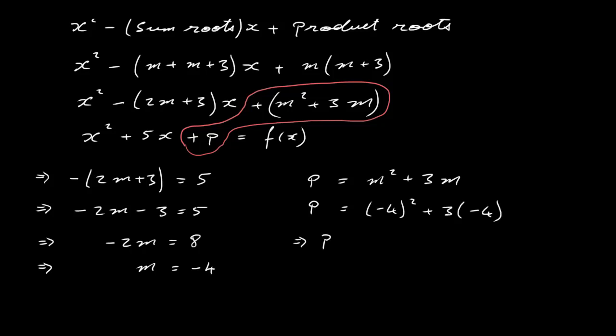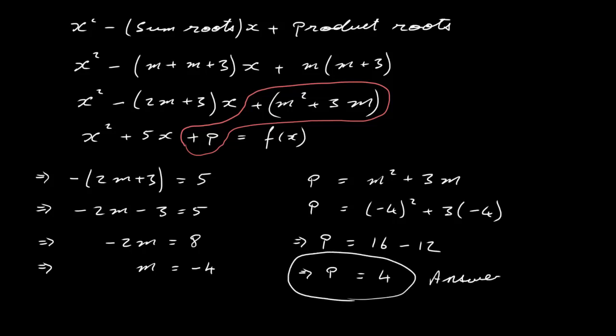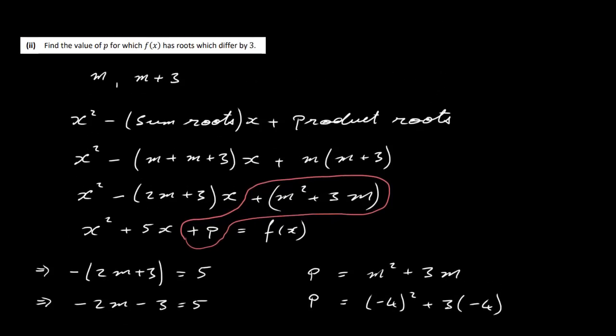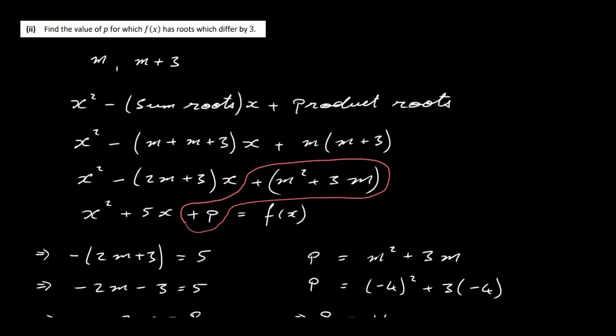That'll give us p is equal to 4 squared 16 minus 3 fours 12. That'll finally give us p is equal to 4. So this is our answer. We were asked to find a value of p for which f of x has roots which differ by 3.